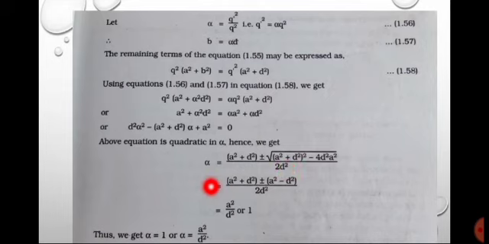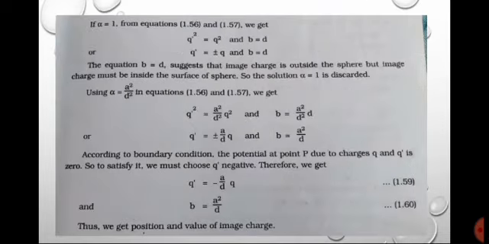So after solving, what we have, A square plus D square plus minus root into bracket A square minus D square upon 2D square is equal to A square upon D square or 1. So we get these two roots, A square upon D square or 1. Thus we have alpha is equal to 1 or alpha is equal to A square upon D square.